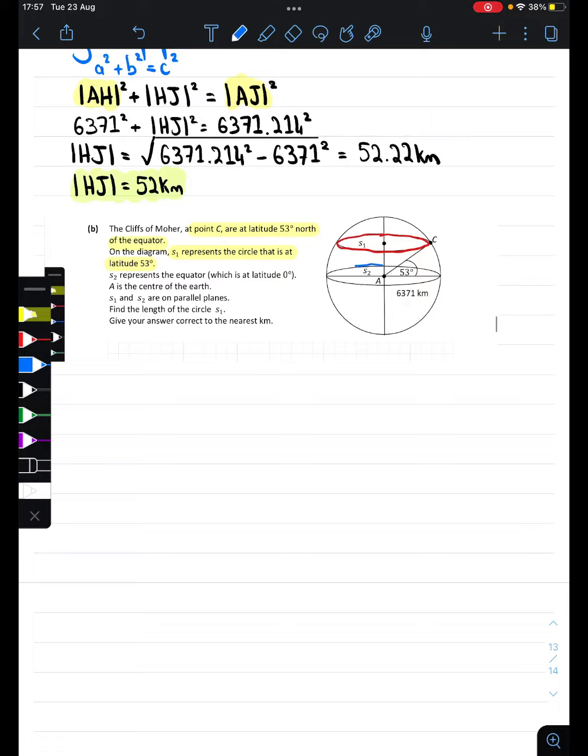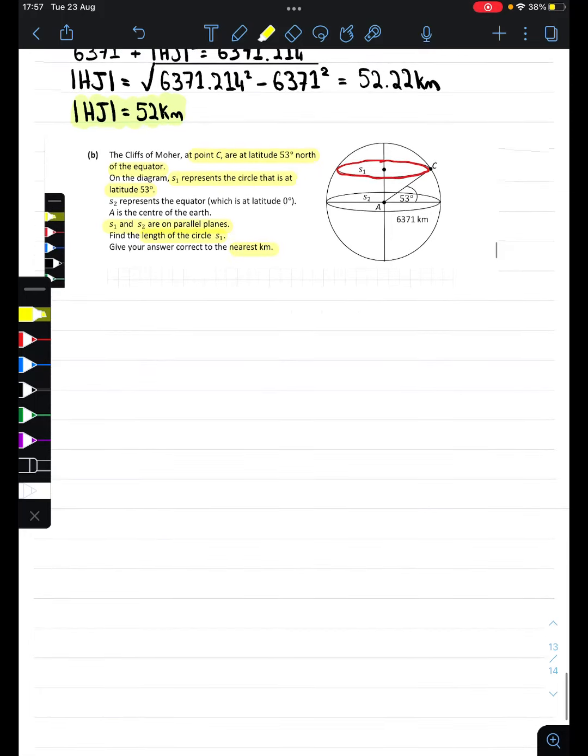This here. And A is the center of the Earth. S1 and S2 are on parallel planes. Find the length of the circle S1 and answer correct to the nearest kilometer.